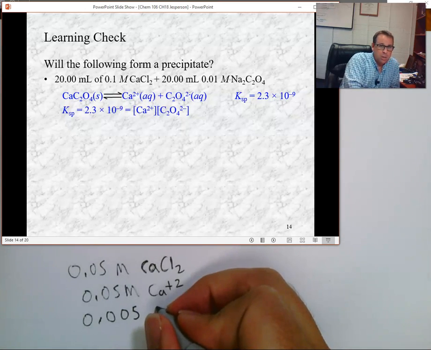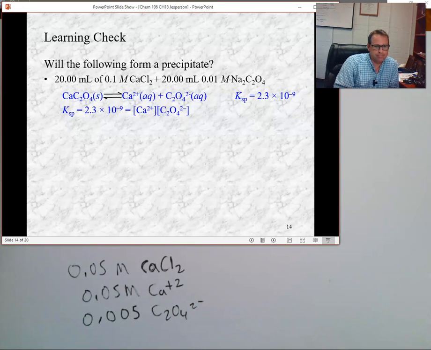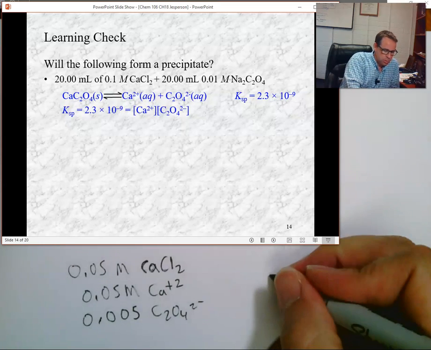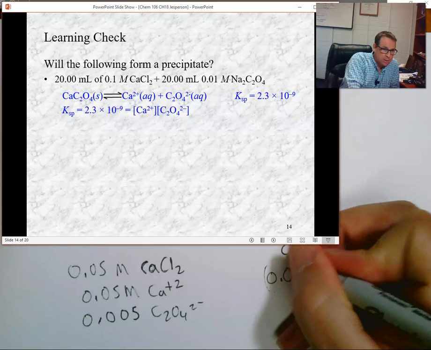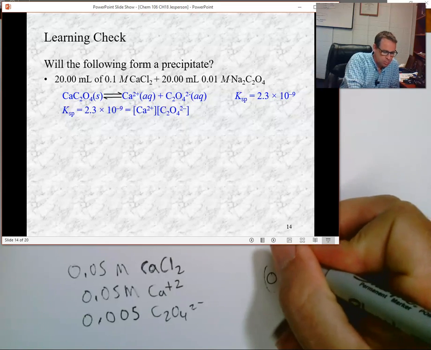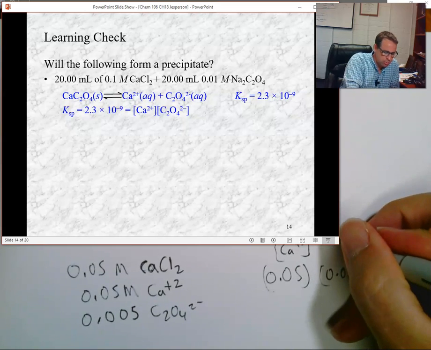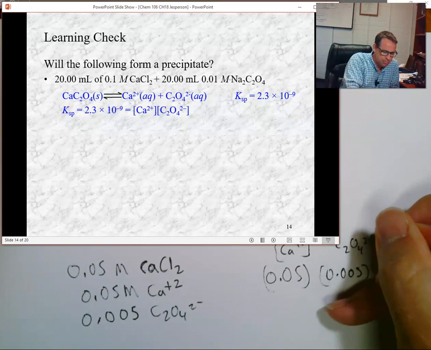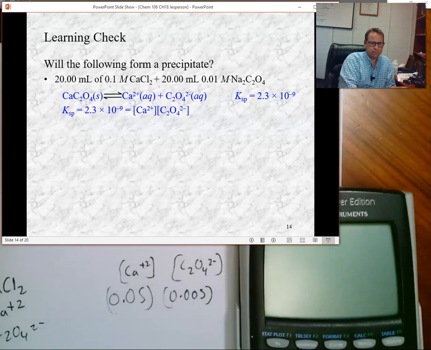And that is my concentration of the C2O4 2- ion. Okay, very good. So, 0.05, concentration of my calcium ion. 0.005, concentration of my carboxylate ion. I just find the product of those two.